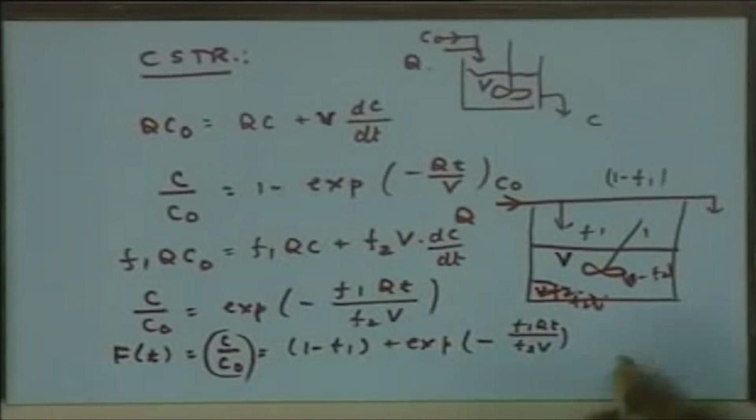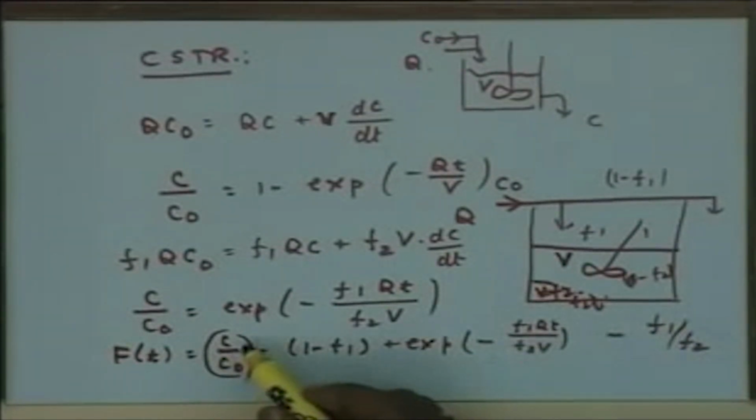If you plot Qt upon V versus C upon C naught, the slope will be minus F1 upon F2, and the intercept will be the ln C upon C naught. And in taking this mass balance, should we not have the input as QC naught and the output as F1 QC plus 1 minus F1 QC naught?